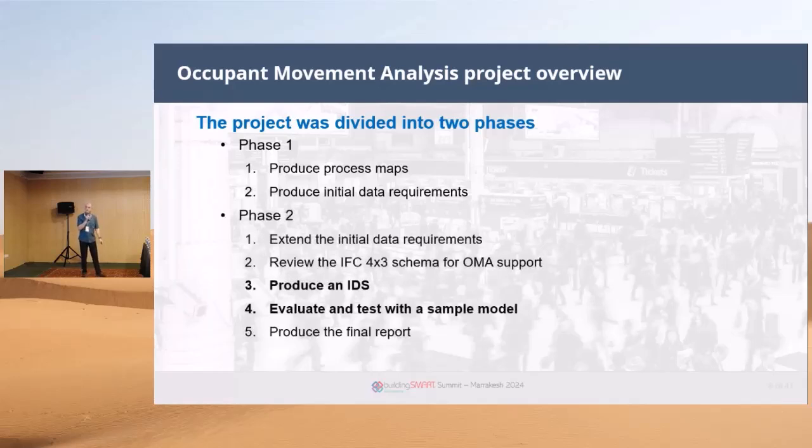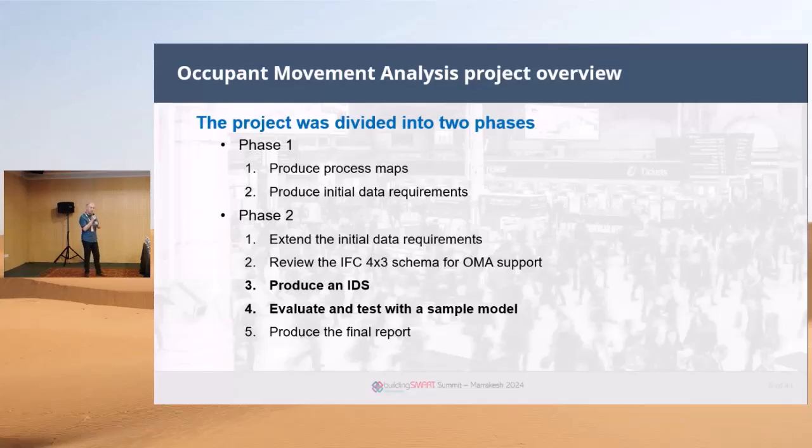Phase two was to review those data requirements, extend them, and then to also review the IFC 4.3 schema to see what data was already included, and then list the extra stuff which we wanted to add on top to achieve those workflows for occupant movement analysis.